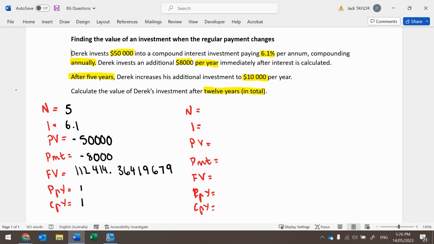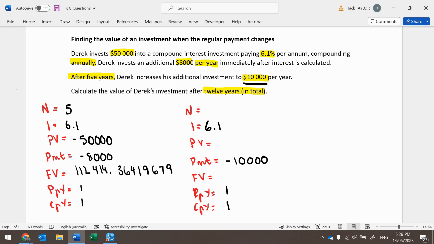All right, so firstly, the rate doesn't change, so that can just remain as 6.1. Same with PPY and CPY, they are the same. So the payment is changing, so we'll put that in here, the negative 10,000.